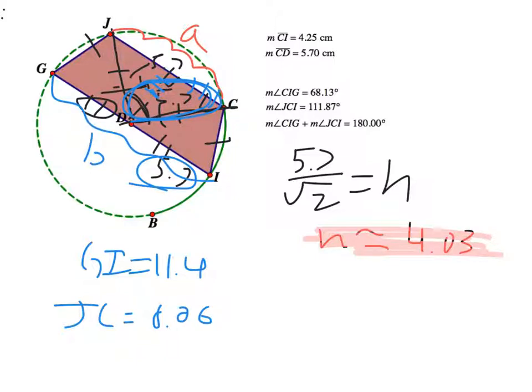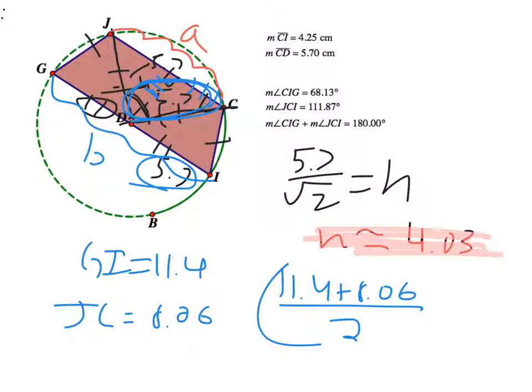So now when we plug this into our equation for the area, we can go 11.4 plus 8.06 divided by 2 times 4.03, which will equal our area. Let me erase right here. Which will equal the area of JCIG.